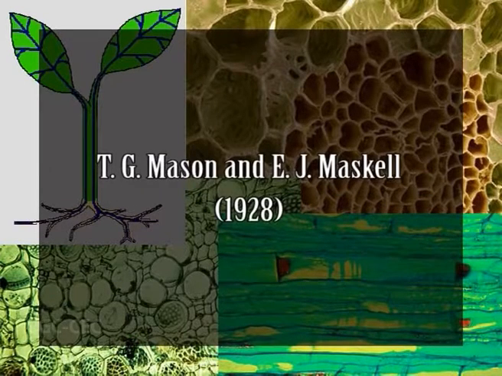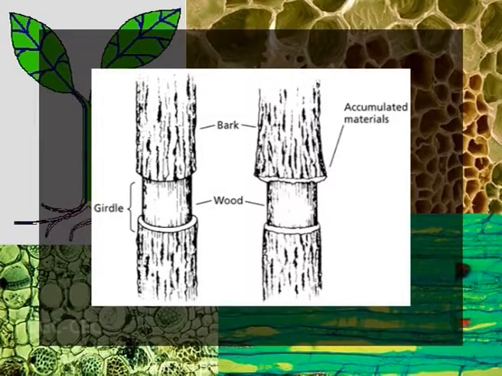Mason and Maskell in 1928 removed a complete ring of phloem from field-grown cotton plants in the morning and analyzed samples from both phloem and xylem above and below the ring at intervals.